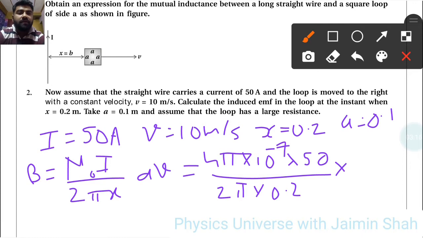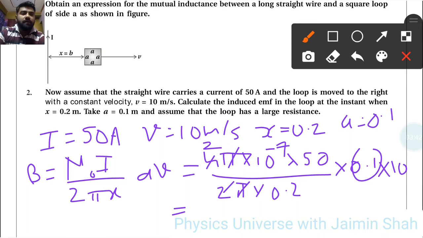Now this is a straight wire and the area is a square, so 0.1 squared, into v. Here a is the distance, not area, so we write 0.1 and v is 10. So π gets cancelled out, 2 times 2 is 4. So the calculation is 2 into 50 into 0.1 into 10 upon 0.2.